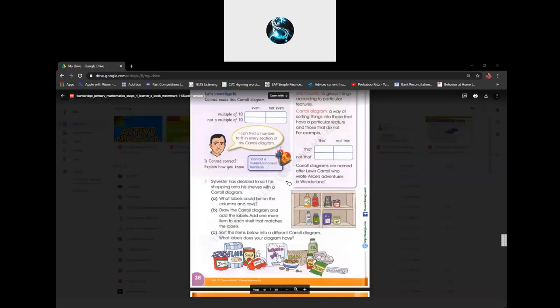Then 1C: put the items below into different Carroll diagrams. What labels does the diagram have? For that, I would say the first one will have nothing.